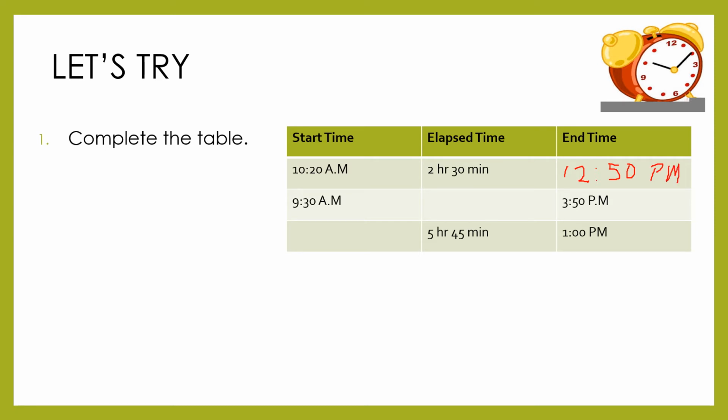Okay? And then we need to get the elapsed time here. So you started working at 9:30 a.m. and your end time is 3:50 p.m. Okay, so let's convert this into minutes. So, the 1 here, let's make it 60.